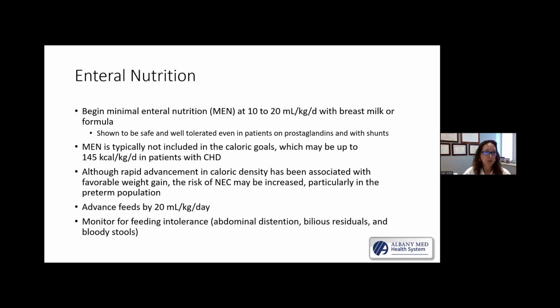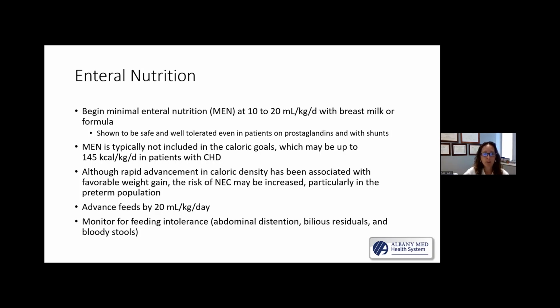Minimal enteral nutrition is typically not included in the caloric goals, which may be up to 145 to 150 kcals per kilo per day in patients with some type of heart defect. Although rapid advancement in caloric density has been associated with favorable weight gain, the risk of NEC may be increased, particularly in the preterm population and those with single ventricle physiology.